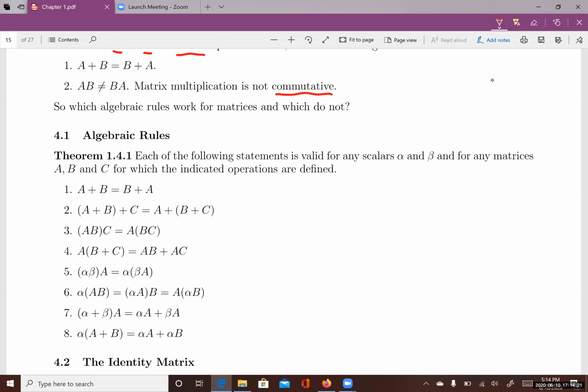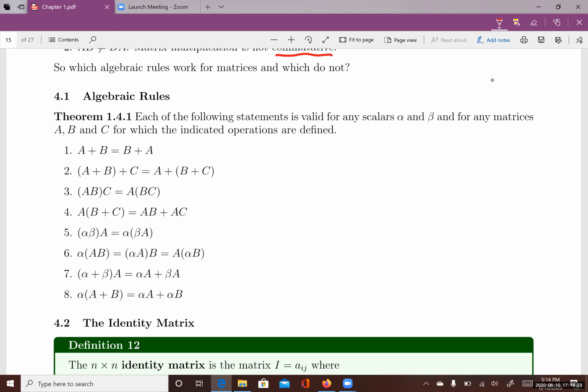Okay, here are some algebraic rules that are valid for any scalars alpha and beta, and for any matrices A, B, C for which the operations are defined. So again, alpha and beta are scalars. A, B, and C are matrices.